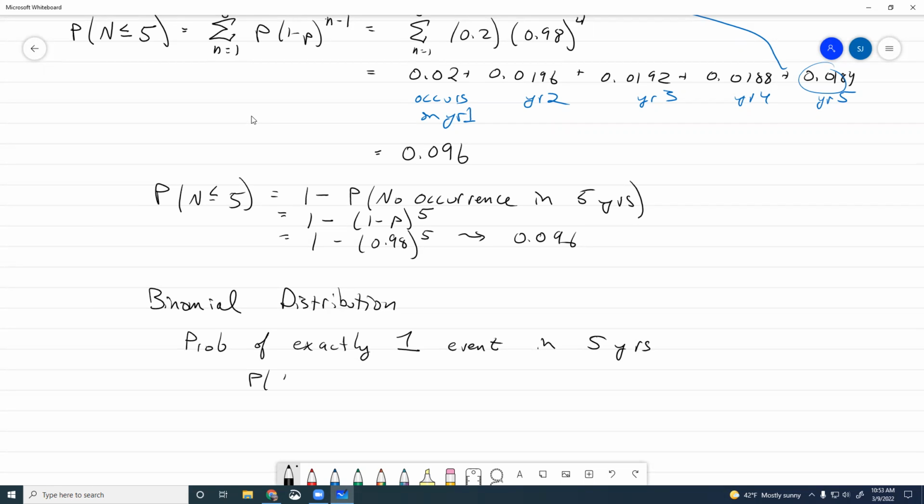So this would be the probability of X equal to 1 for N equal to 5, and we would use the binomial distribution, which would be 5 choose 1, times P times (1 minus P) to the 5 minus 1. That ends up being close, 0.092, but it's not the same thing. I think I have you explore the relationship between those two. As your trials get longer, they essentially converge. All right, thanks y'all.